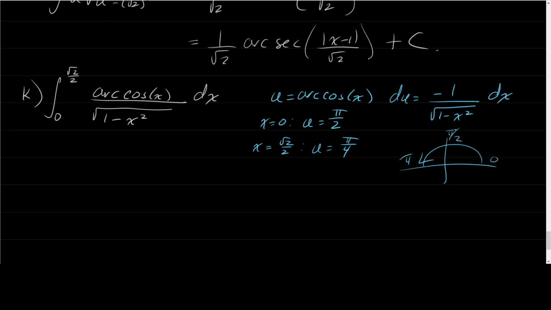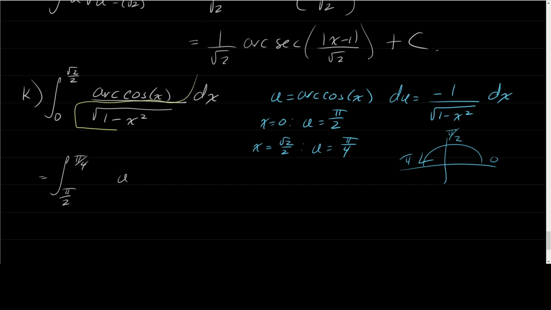Now, what this does for us is we can change this integral into terms of u. Originally 0, our bounds, well, now it's pi over 2. Originally radical 2 over 2, now it's pi over 4. Our arc cosine was our u. Look at this over here.